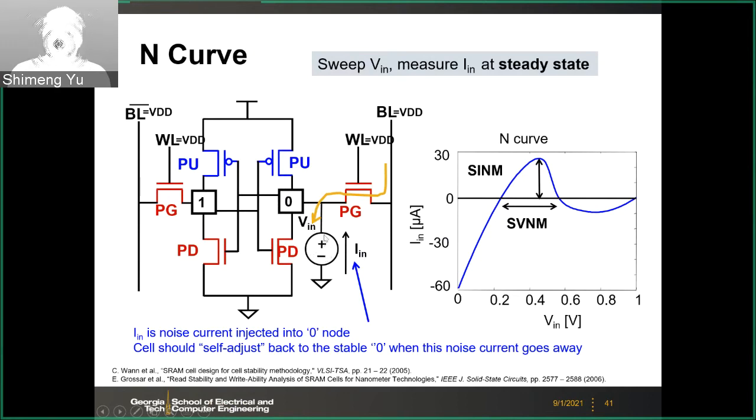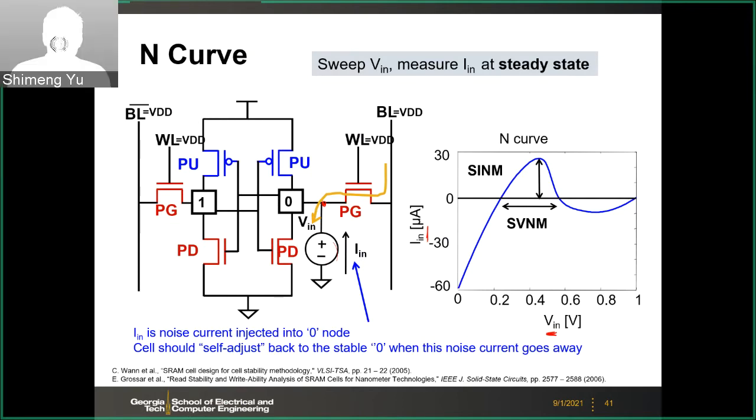You have a voltage source, actually. So what you will do is to change the bias to this node and then measure the current through the voltage source. So you will get the relationship between the voltage source and then the current flowing through the voltage source.